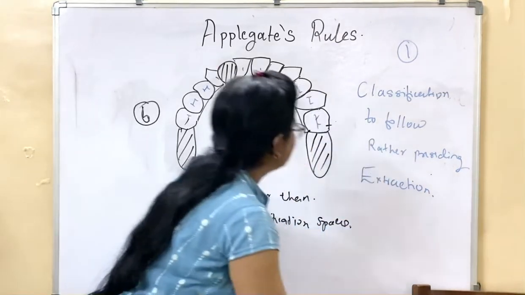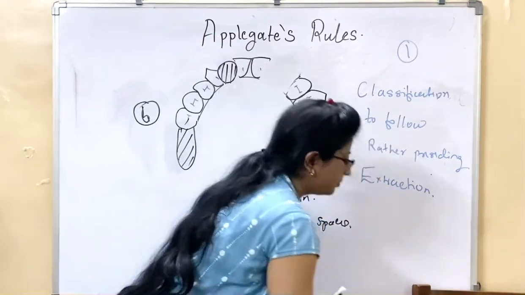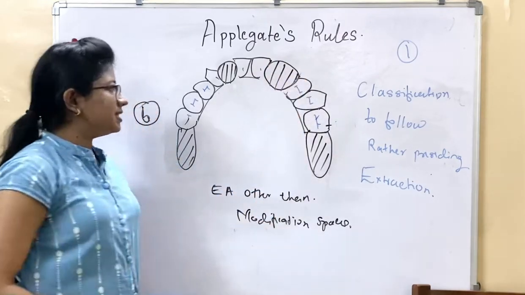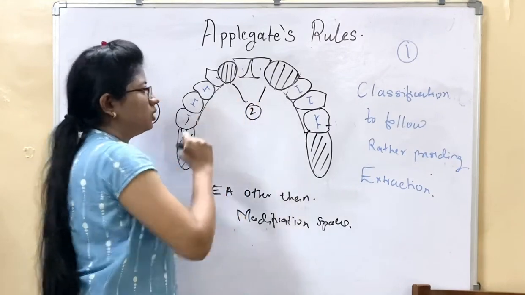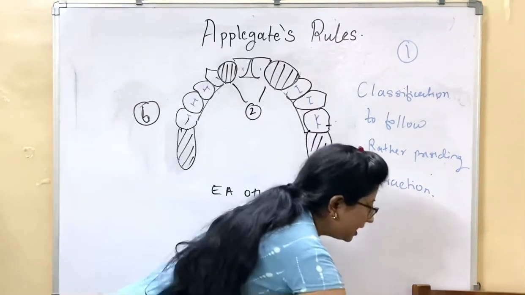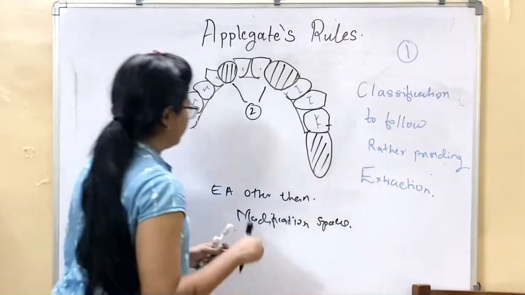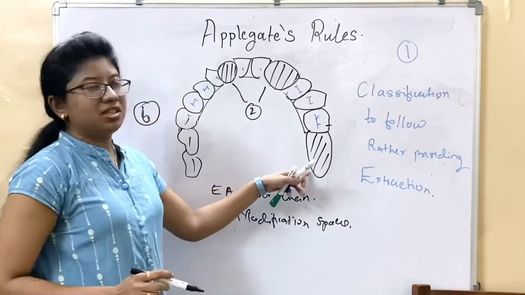If there is one more tooth missing in this area, it means class 1 modification 2. If the similar case was having teeth here, so there is one edentulous space.